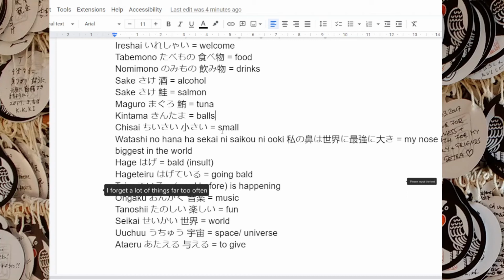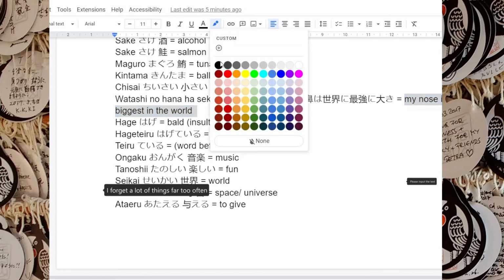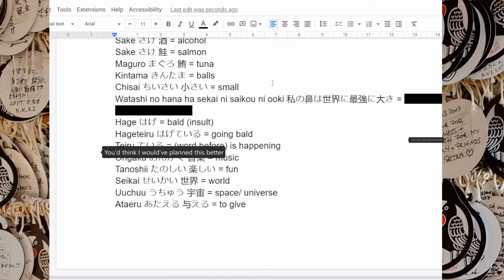Chisai, being small. So, Nagzz wa chisai hito desu ne. To those who know exactly what I just said, you're welcome. And again, you'll notice some editing there, where I forgot to cover up another small challenge for you, being to say this phrase.